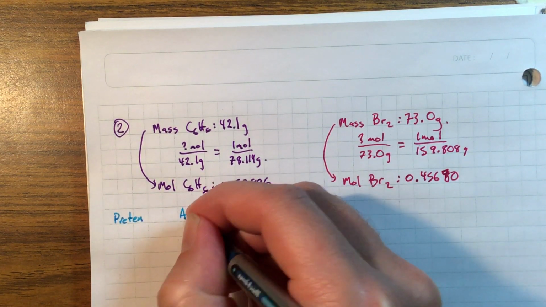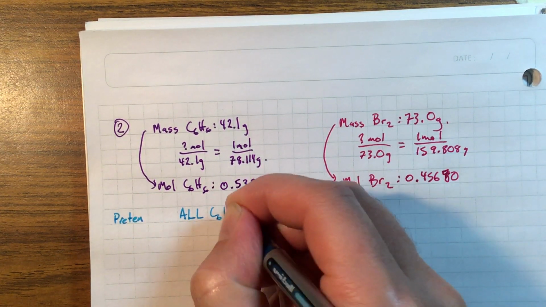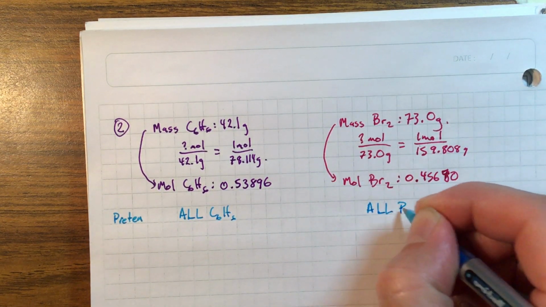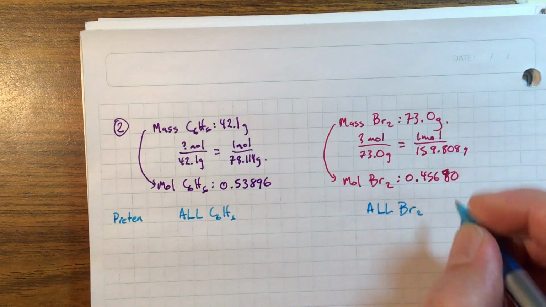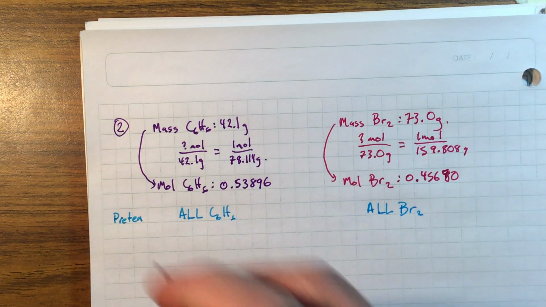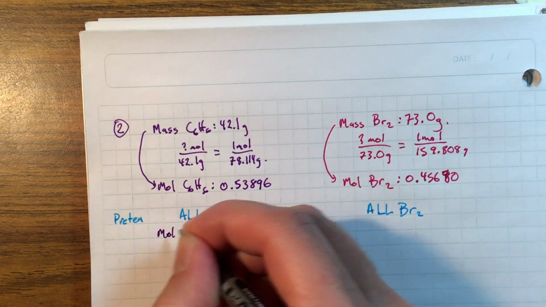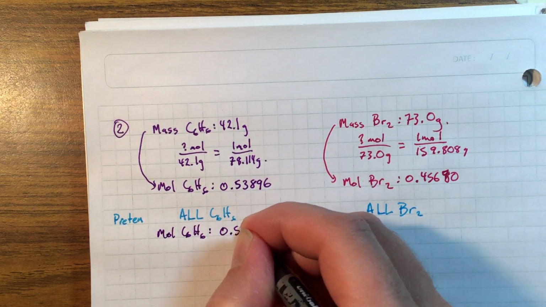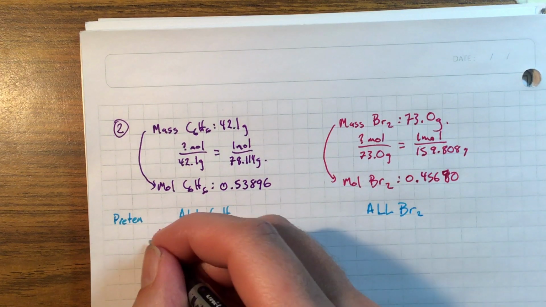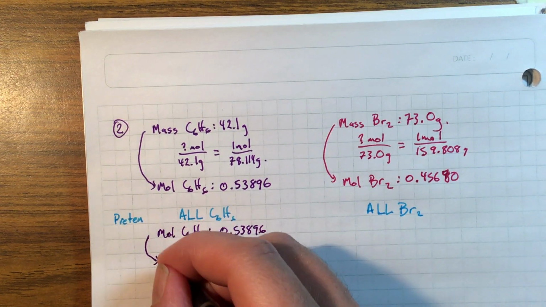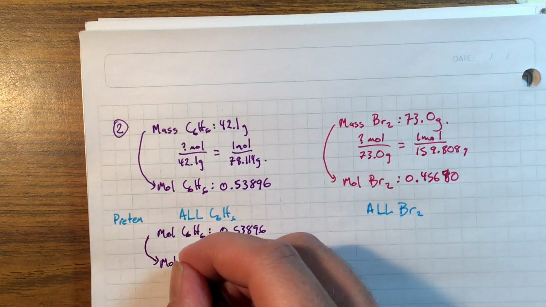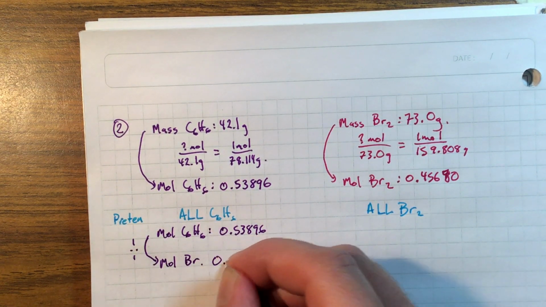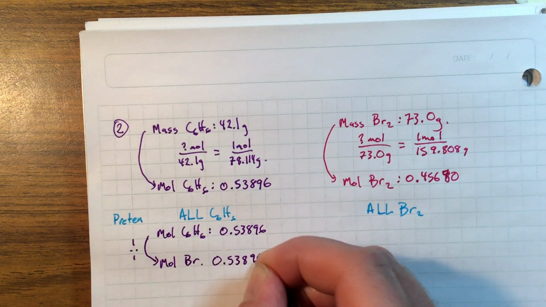Pretend all C6H6 is used up. We're going to pretend that all Br2 is used up. So we're going to start with our moles of C6H6, which is 0.53896. We're going to go to our moles of Br2 that would be used for this, and since it's just a 1-to-1, it will be the same, 0.53896.